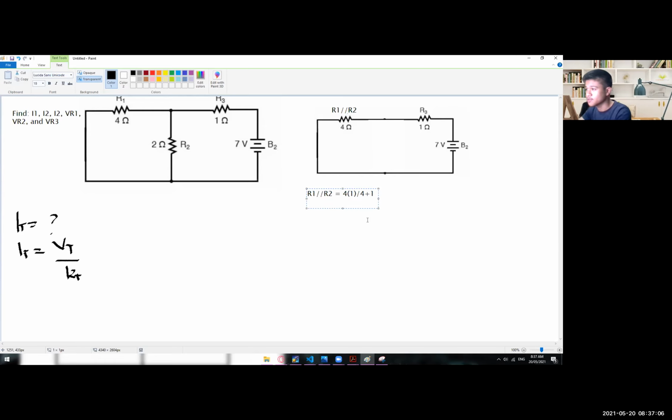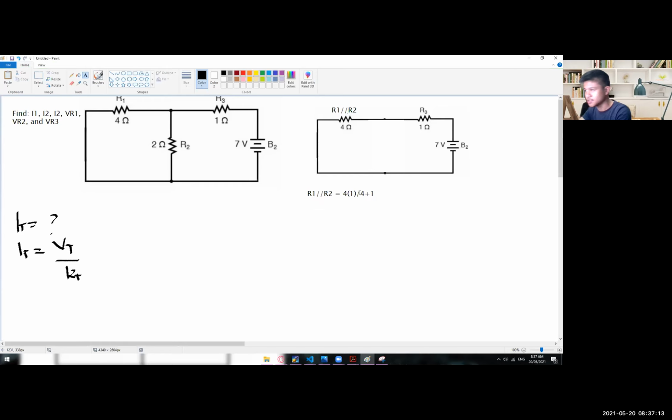So 4 times 1 is 4, and then divided by 5. 4 divided by 5 is equal to 0.8. So this one is equal to 0.8 ohms.